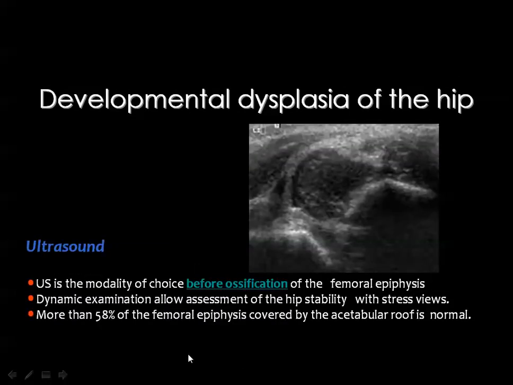And you know that ultrasound is one of the best imaging modalities for evaluation of the relationship between the femoral head and acetabulum, particularly before the ossification of the capital femoral epiphysis. Ultrasound also allows dynamic examination to assess the stability of the hip and to have stress views for the position where the hip is liable or prone to dislocate.